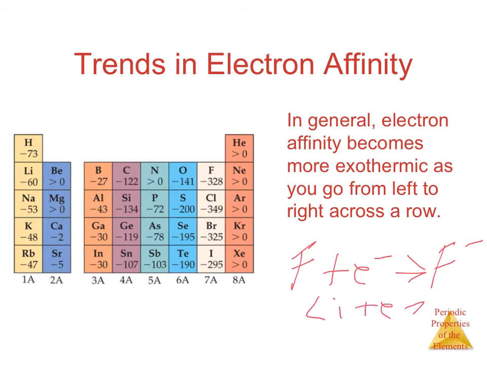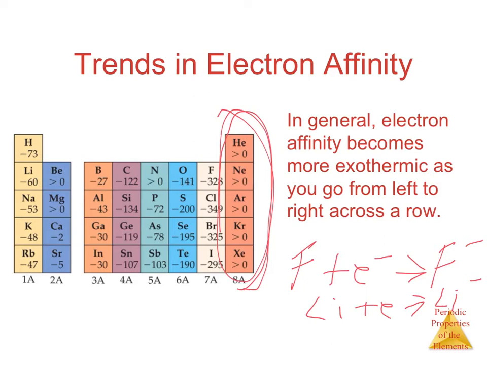Lithium does not become more stable with an electron, so it's going to take more energy. As you get closer to that noble gas configuration, it changes, and when you get to the noble gas, they are already stable. Adding electrons is going to make them totally unstable.